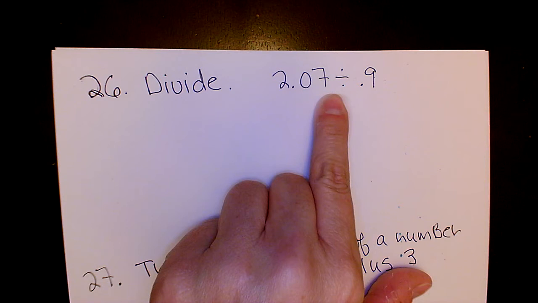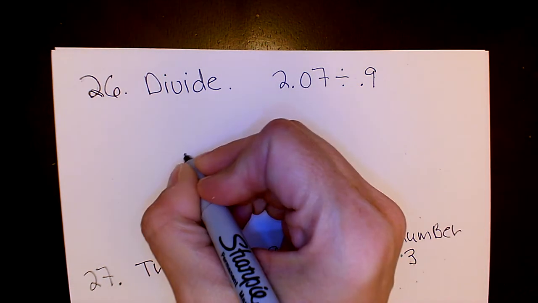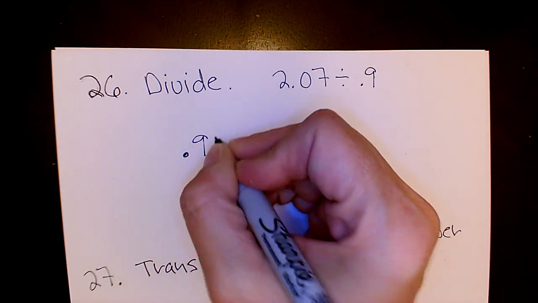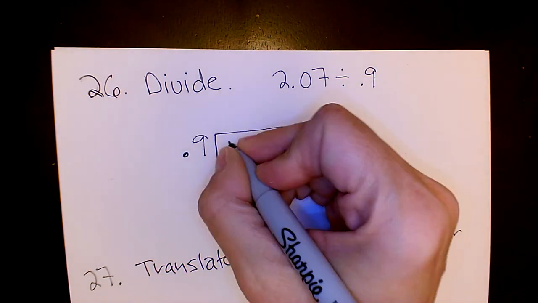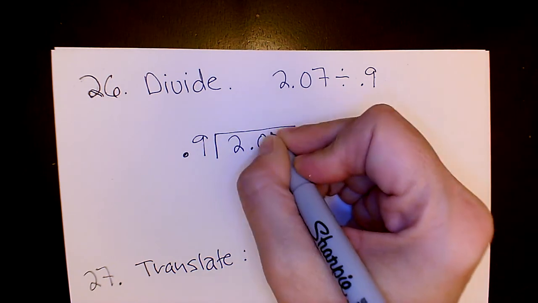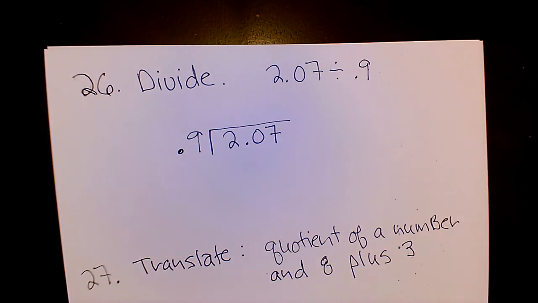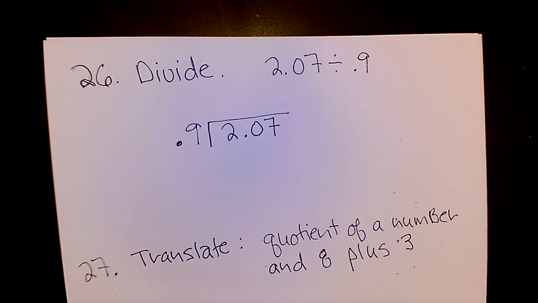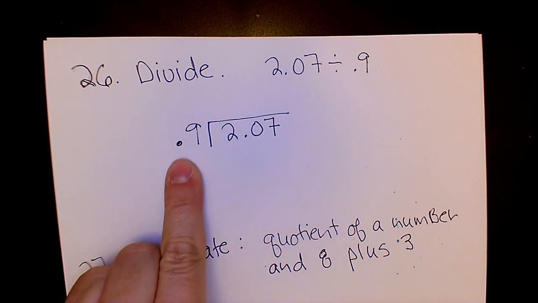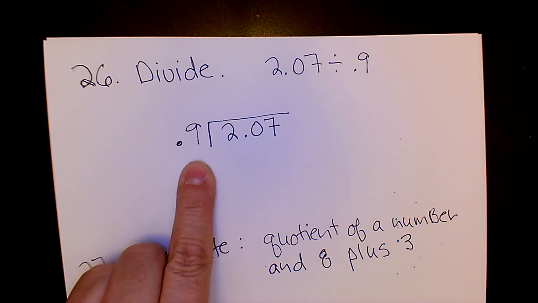So divided by 0.9. 0.9 is going to go on the outside, and 2.07 is going to go on the inside. Do we remember what happens when we have a point on the outside in front of our 9?